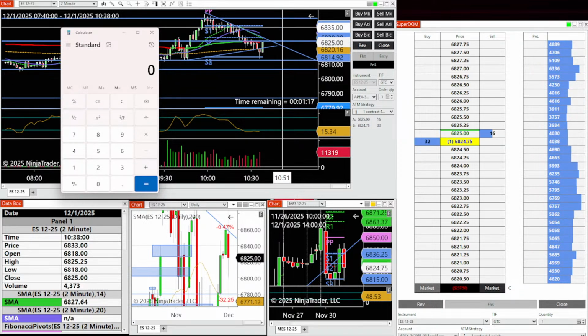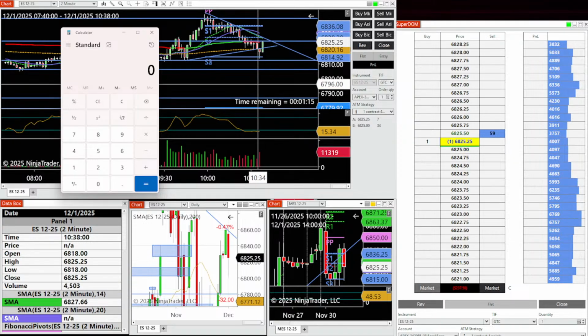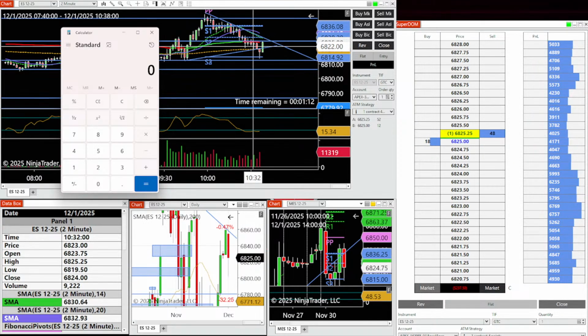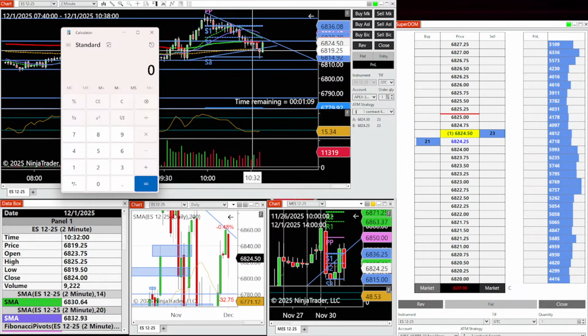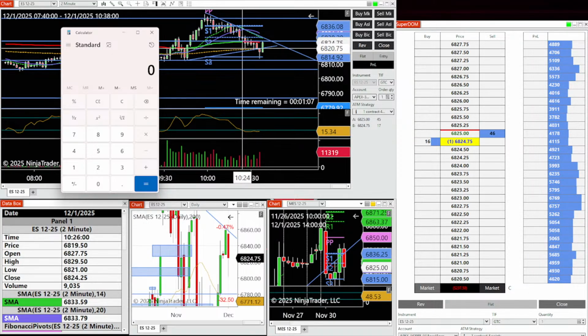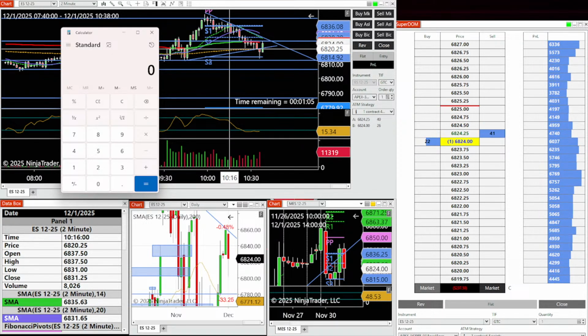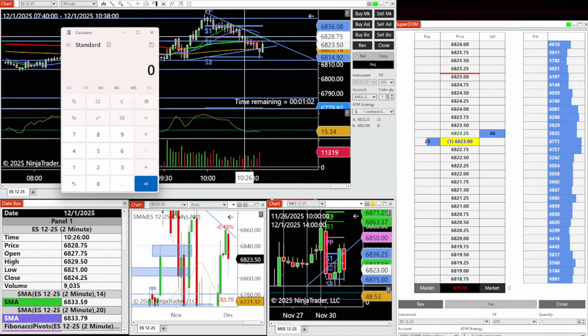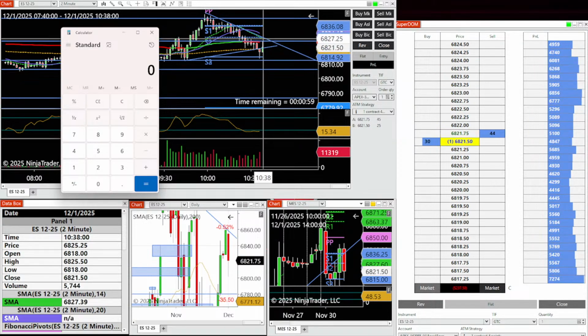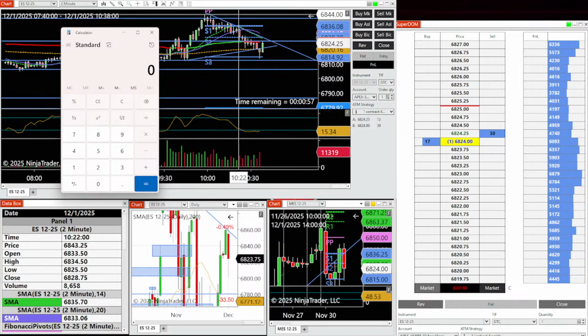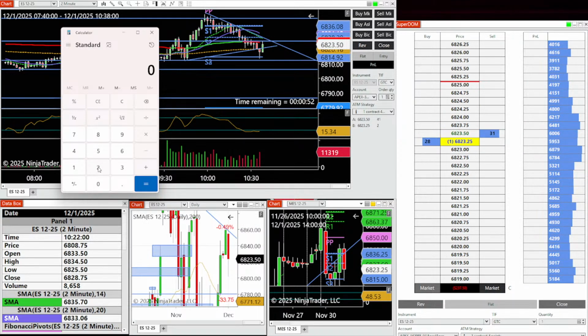And if it fails, we get back up to the top. Rule of thumb: if a head and shoulders pattern fails, then it retests the shoulders, or the shoulder and back to the head, and then retests the head again. But if we did the 68.20 break minus 24 points, we're looking at 67.96.